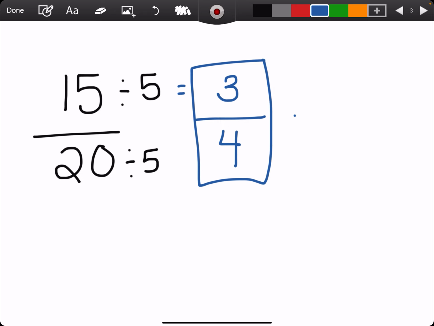So 15/20 does equal 3/4. And if you show your model, you will get the same thing. You'll get 3/4.